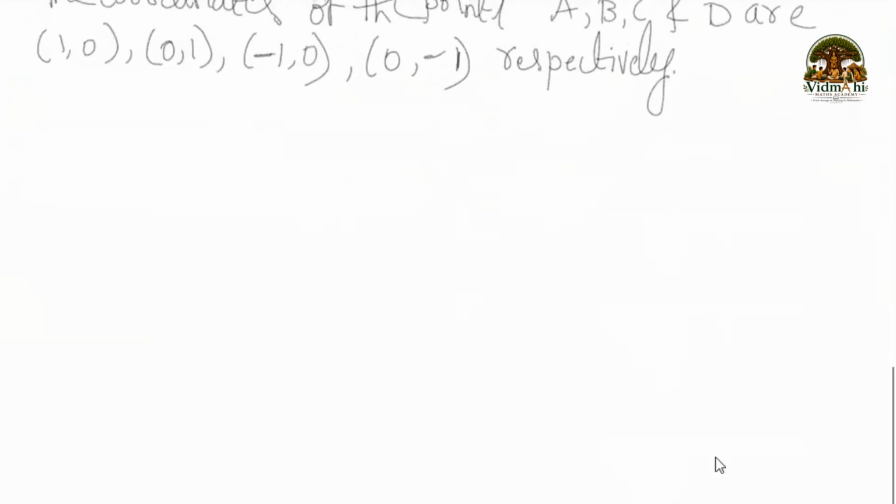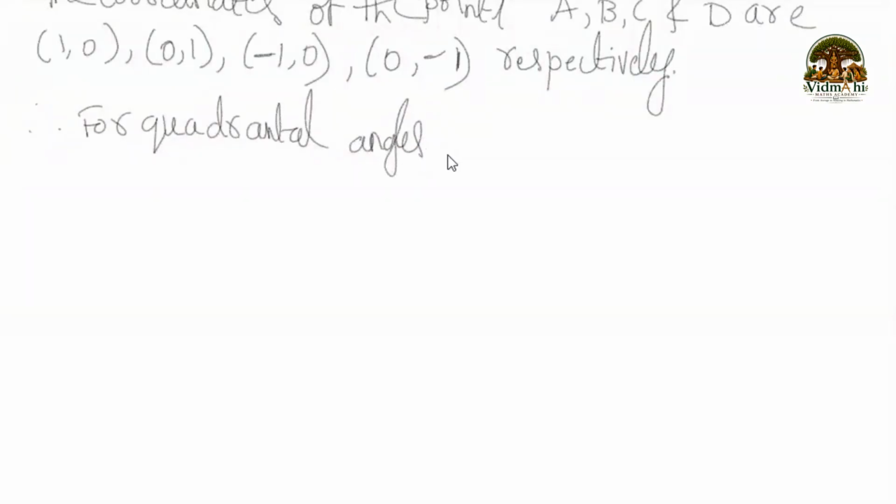So therefore, for quadrantal angles, cos 0 is equal to 1. Sin 0 is equal to 0.